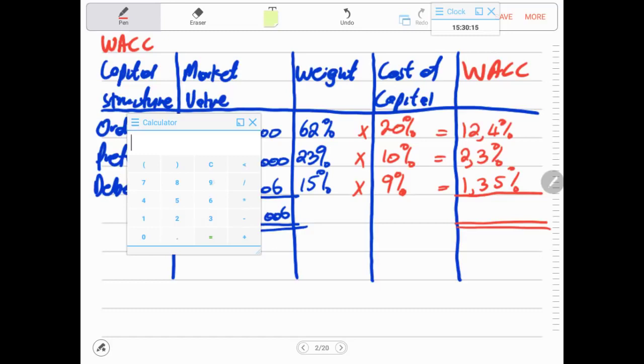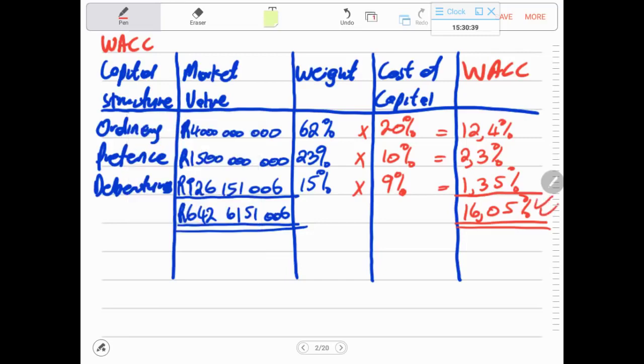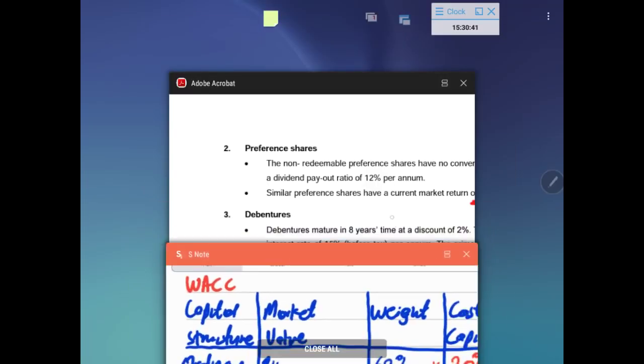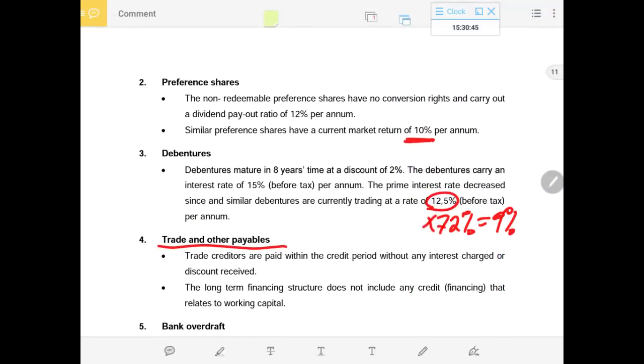Then just to confirm, 9 times 0.15 plus 2.3 plus 12.4. This is 16.05%. So now this is the weighted average cost of capital, which is a 22 mark calculation.